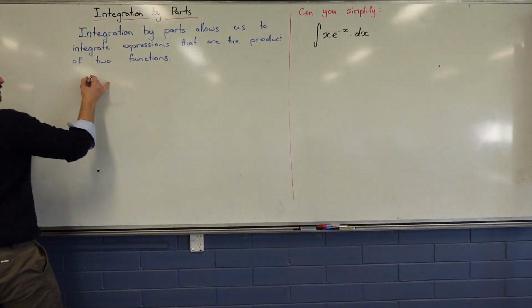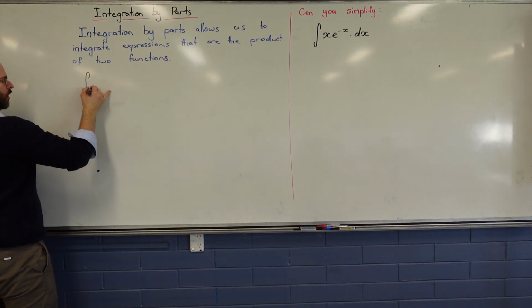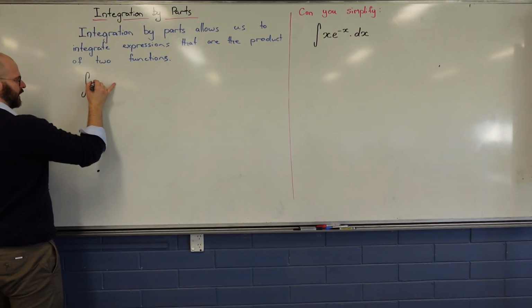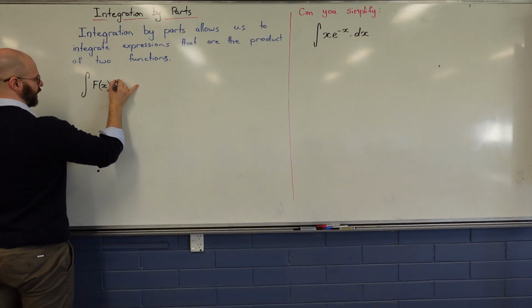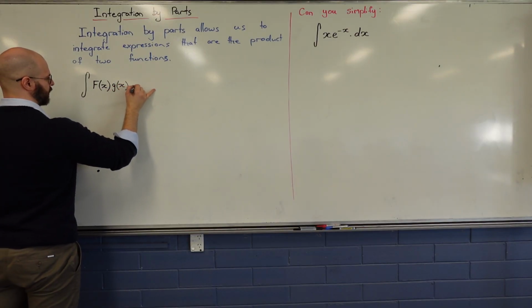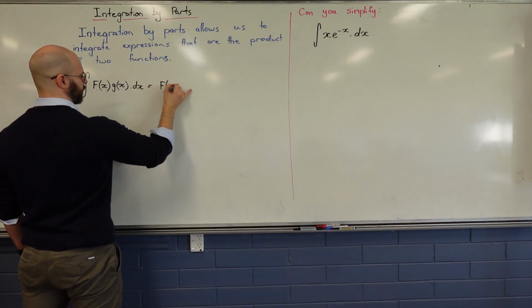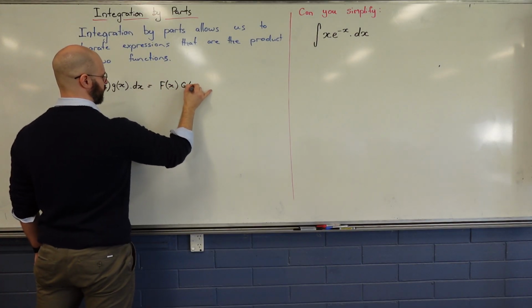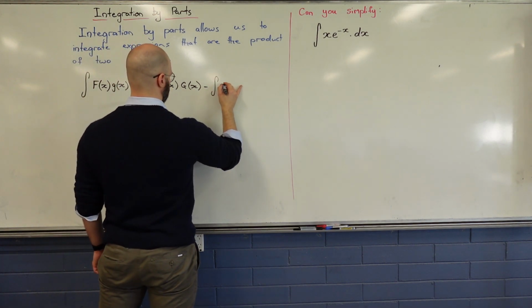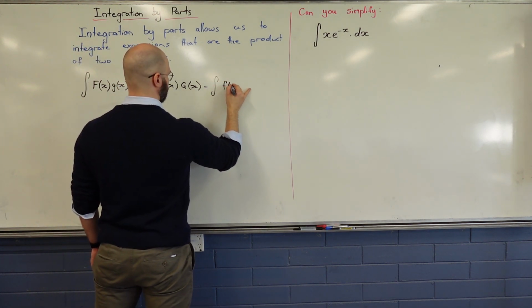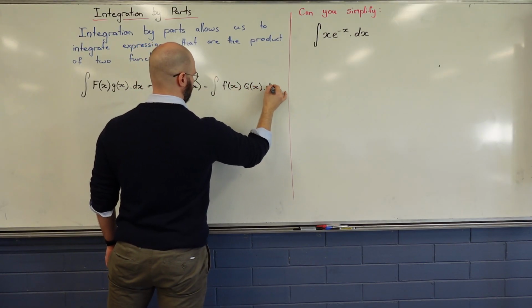Yeah, we can. So our rule is going to be the integral of f of x, g of x, dx equals big F, big G, take away the integral of little f, big G, dx.